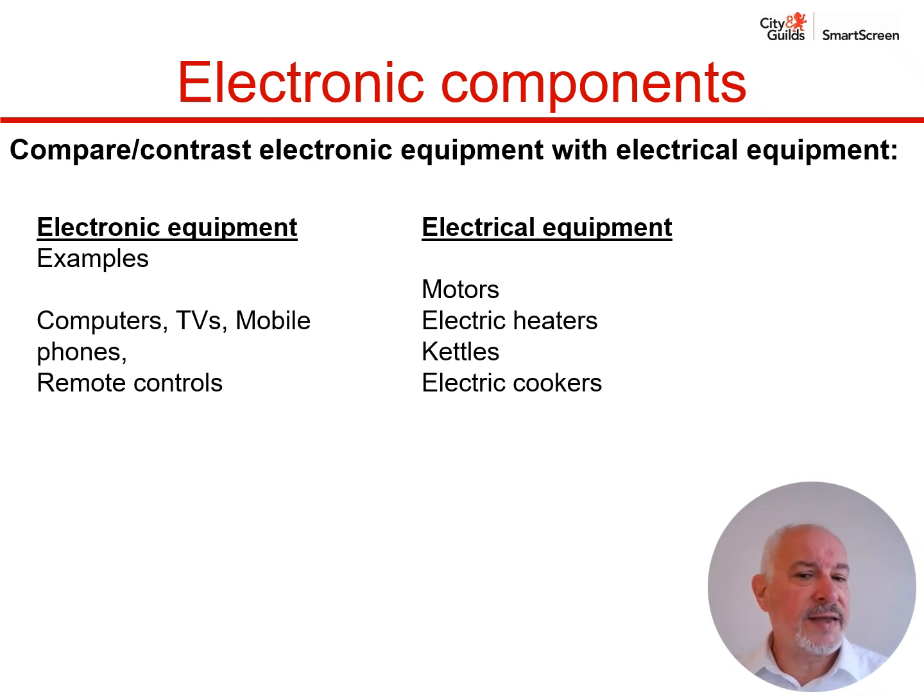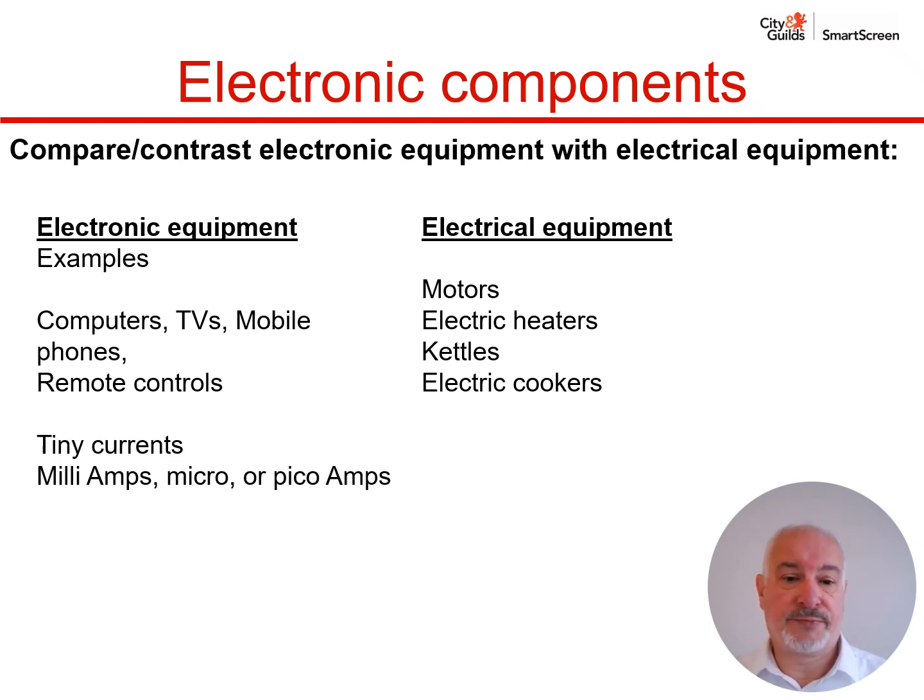So let's now consider the current flows in each of these, because that's the real distinct difference. So in electronic equipment, there are very tiny amounts of current, usually measured in no more than milliamps, but often in microamps or even picoamps.